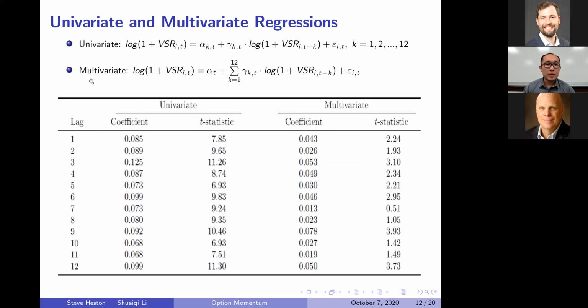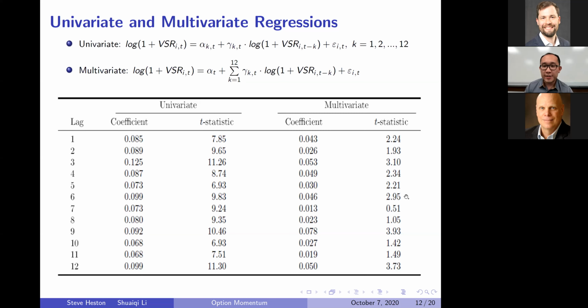So in the previous regression, we only include the lag of a certain month each time. To check the incremental statistical significance, we include all 12 months of lags into a single multivariate regression. And the t-stats are shown in the last column here.